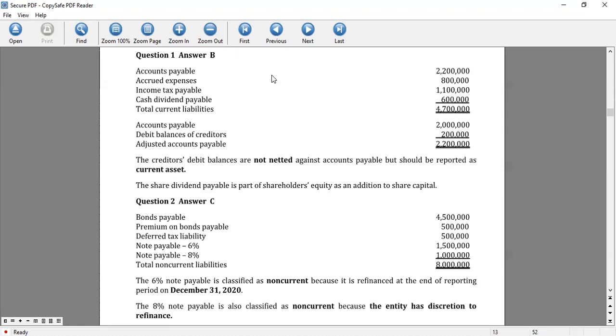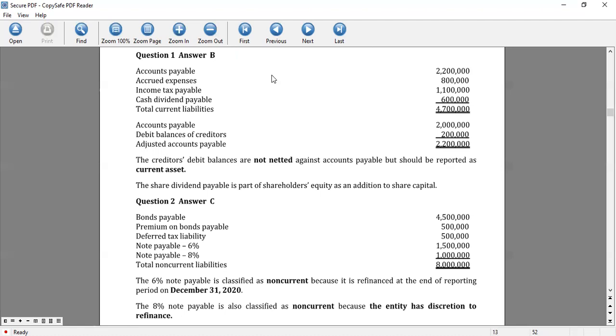We have deferred tax liability for another 500,000. Notes payable in the amount of 1.5 million due March 1, 2021. That's the currently due portion.